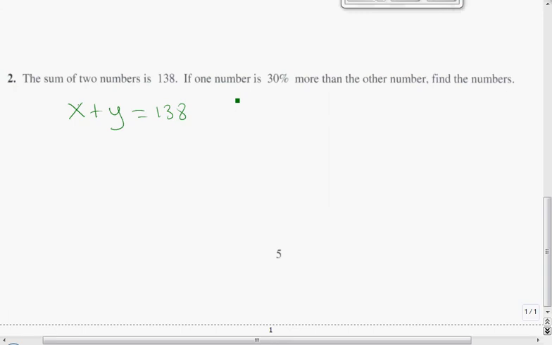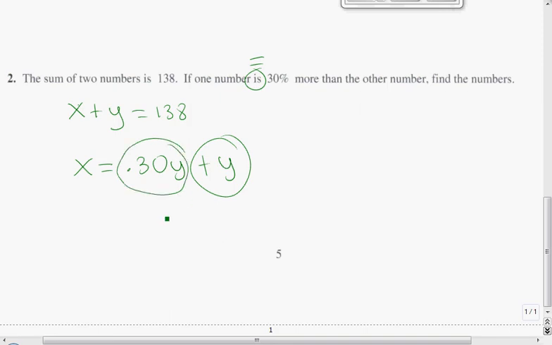If one number is 30% more than the other number, so one number, x, is, remember, is means equals, x equals 30% more than the other number, find the numbers. So x equals the other number, represented by y, plus 30% more, represented by 0.30y, because 0.30 times y would give us 30% more of y.